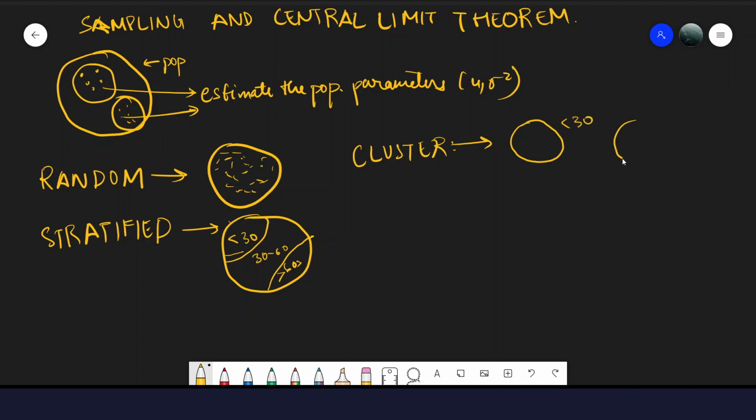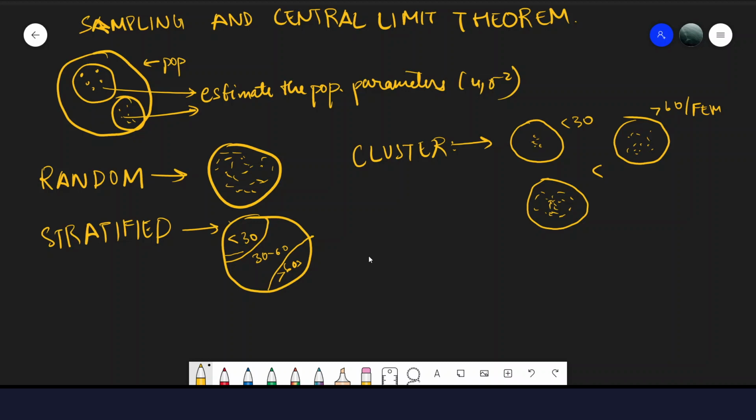Then I can have another cluster which is greater than 60 years of age, but only females. Then I can have another cluster where people live in a particular geography, and then I can take samples from each one of these clusters. So stratified and cluster sampling aren't very different, except that stratified sampling usually comes from the same population. The clusters can come from different populations, and you take samples from them.